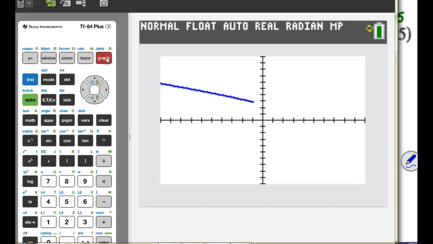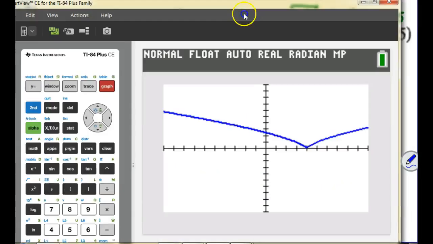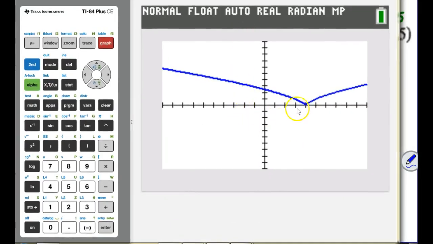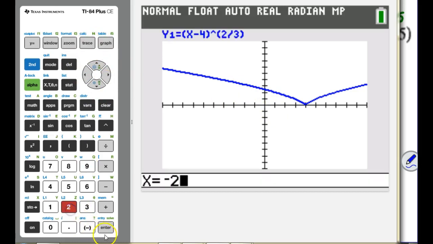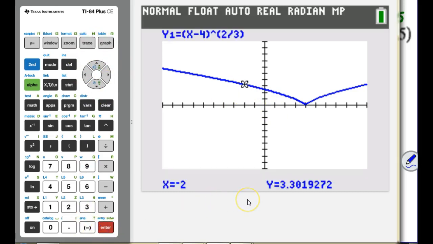Okay, thanks. And then it asks about at negative 2. Over here at negative 2 it looks pretty continuous, right? We should check though, because sometimes it's not.